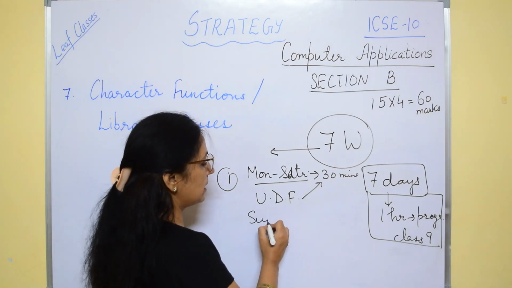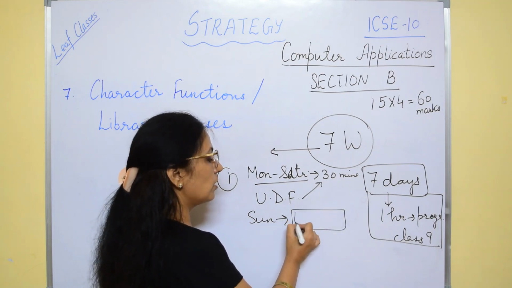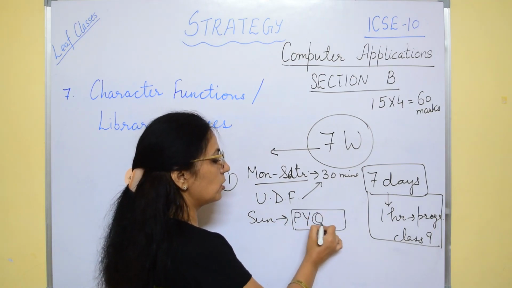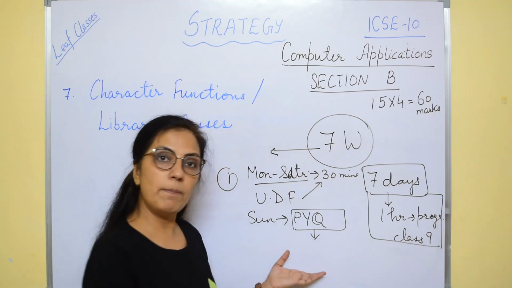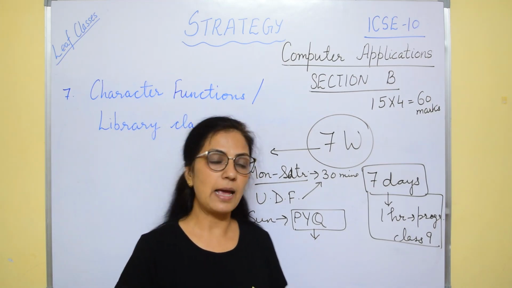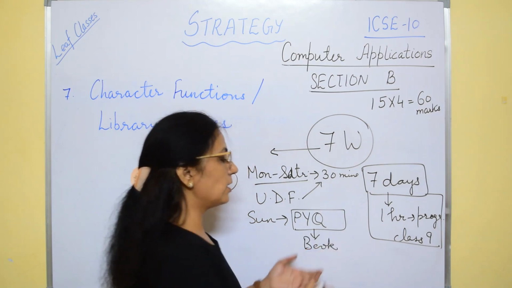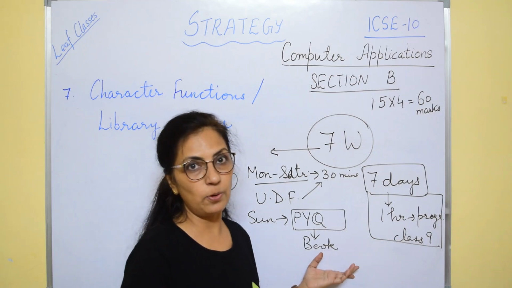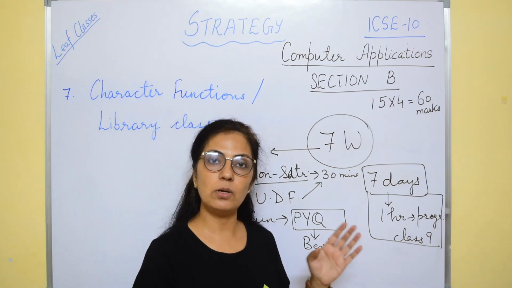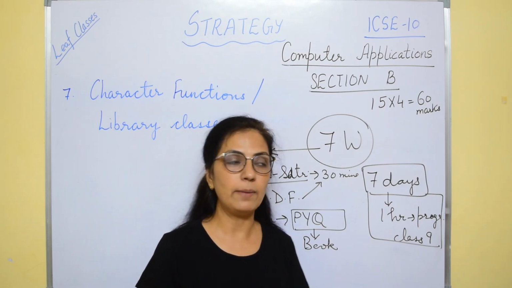And on Sunday you will take questions from previous years or from your book, whichever book is prescribed by your school, or any book you can take, and you will do at least 2 programs. In the beginning also I told you that around 15 to 20 minutes you have to give for one program.